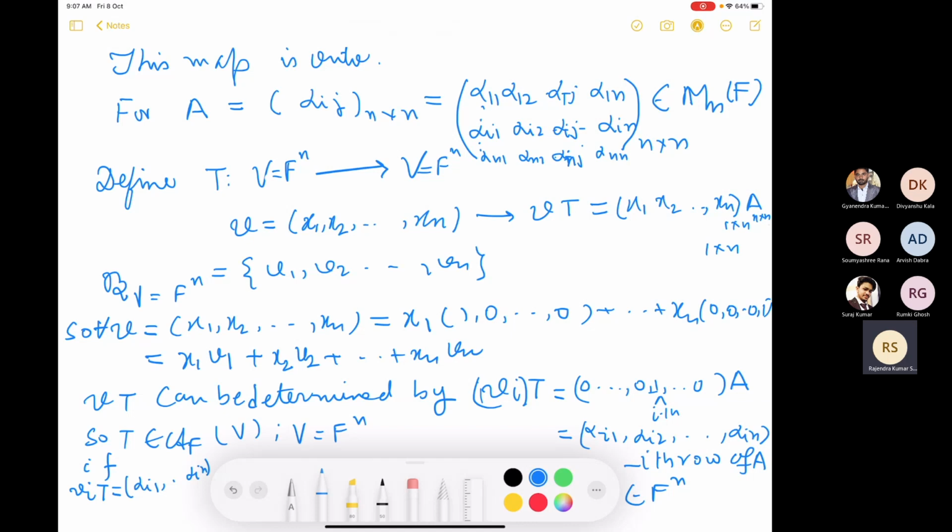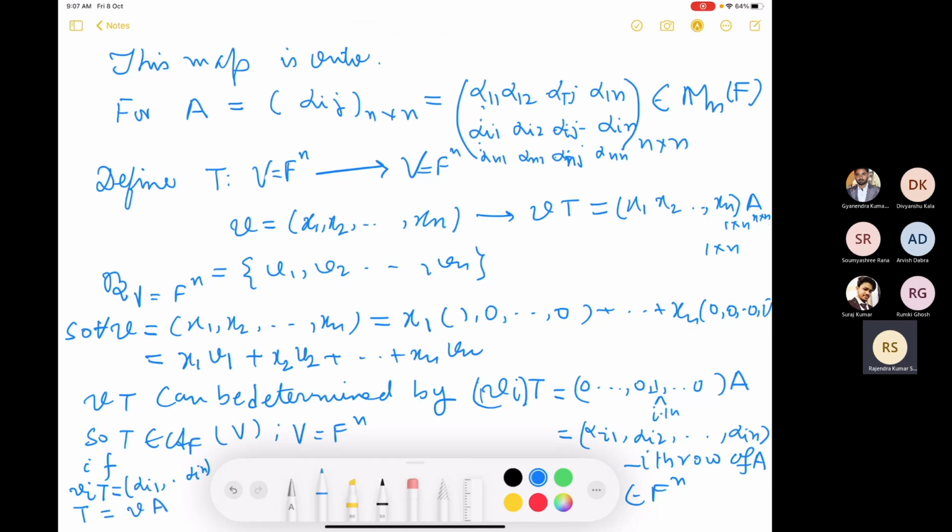And you can see that this is the linear combination, alpha i1 x1, alpha i2 x2. So what is the linear transformation T? That is obtained using the multiplication VA. T is the linear transformation, therefore, VA.